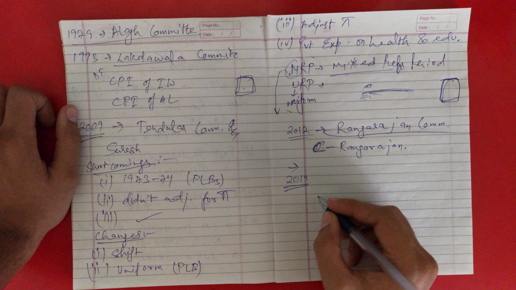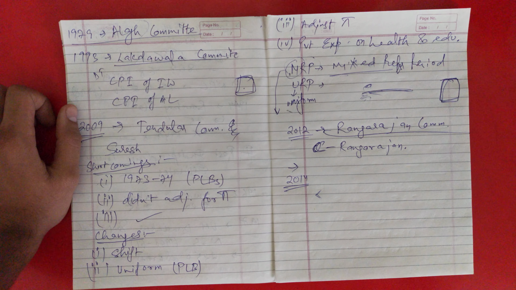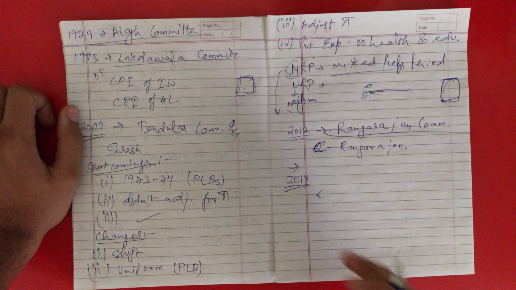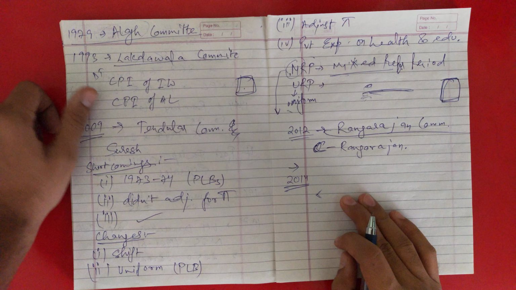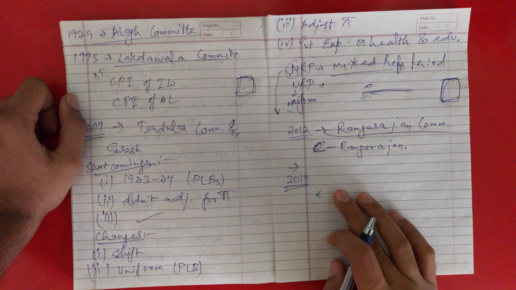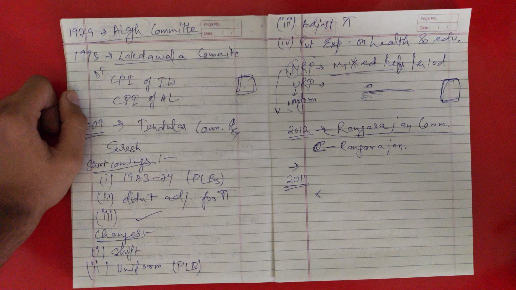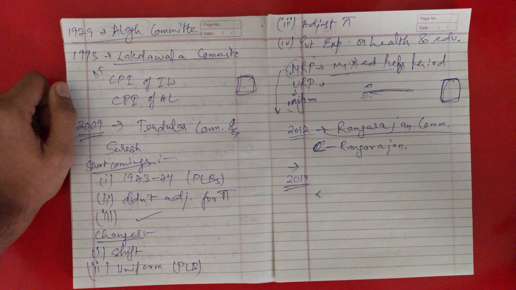Because these two are complements, they should be used together. So now, since these two are complements, this requires that we should either choose the Tendulkar one or the Rangarajan one.